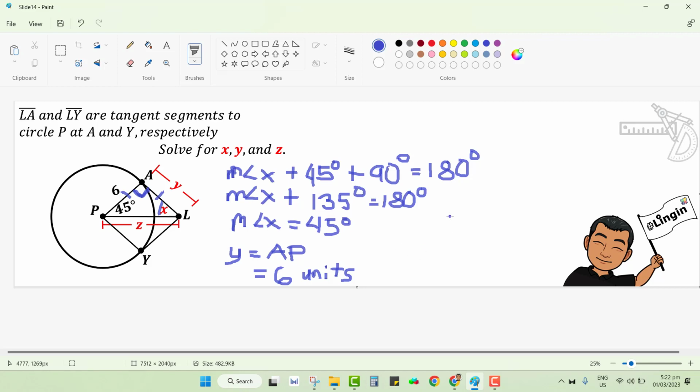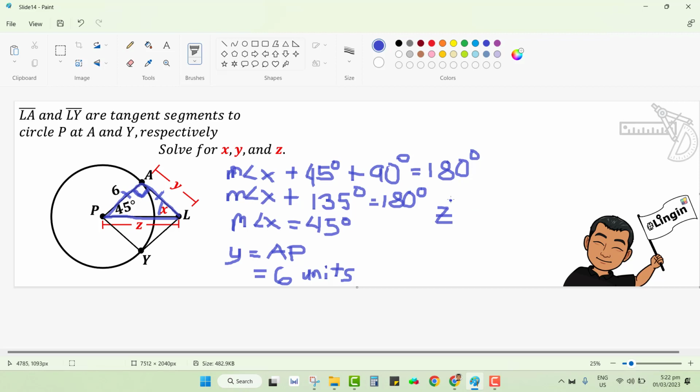So we are down to our last unknown, which is z. Z is this side of the triangle, directly opposite the 90-degree angle. In other terms, z is what we call the hypotenuse of this triangle. And we are sure it is the hypotenuse because we have a 90-degree angle.